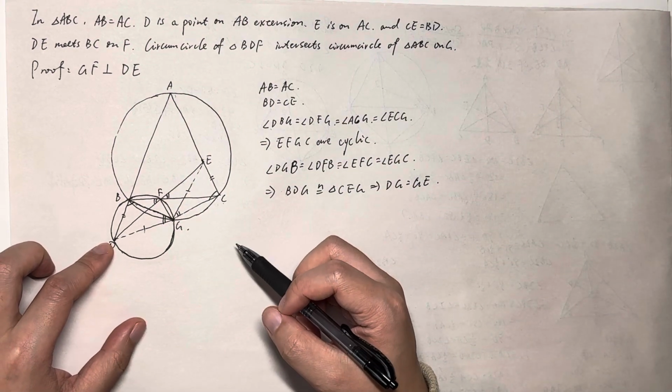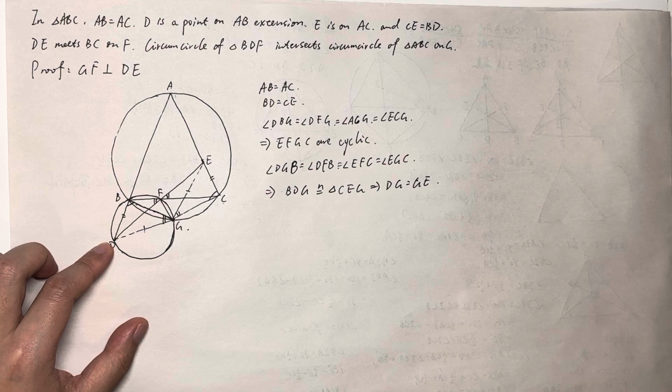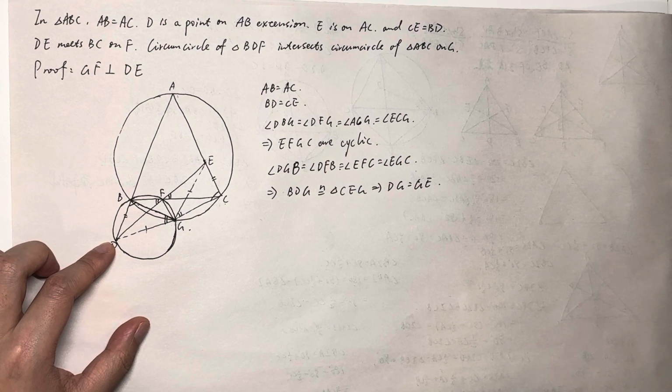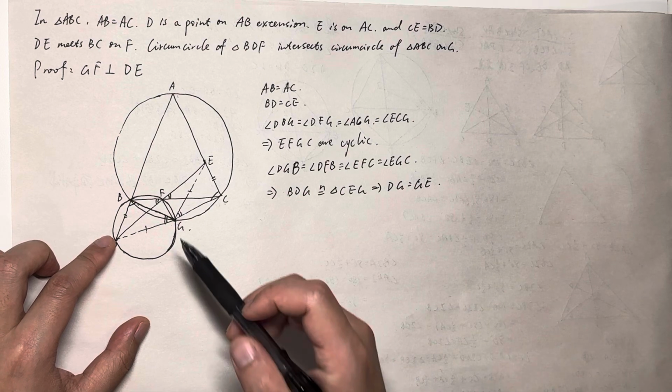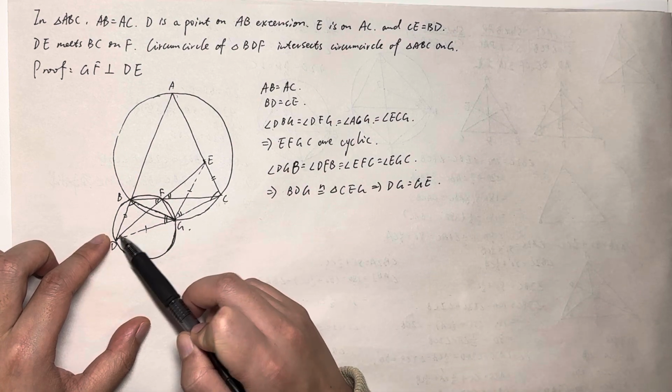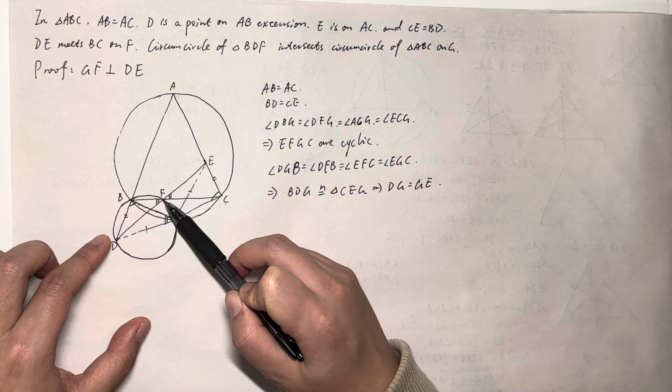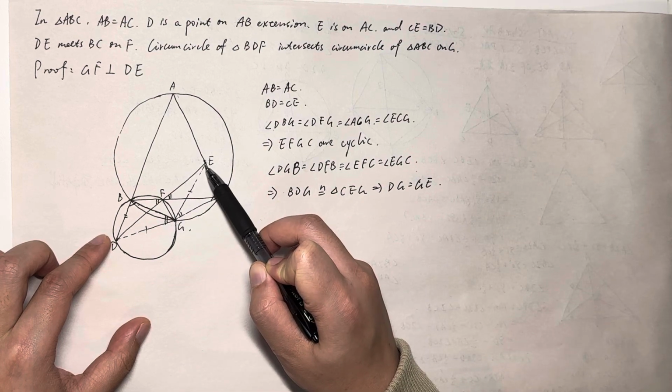Let's think about the easiest way. We want to prove DF equals FE, right?